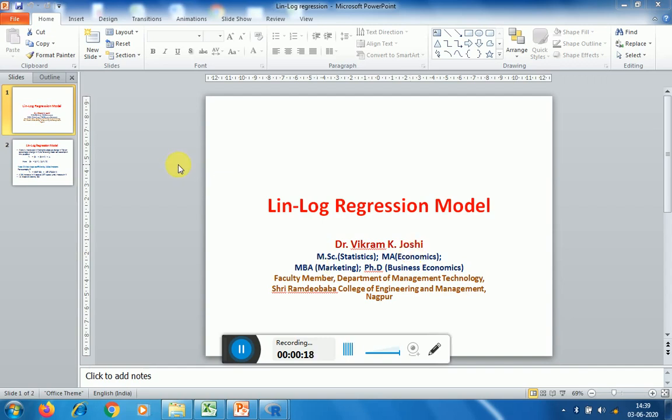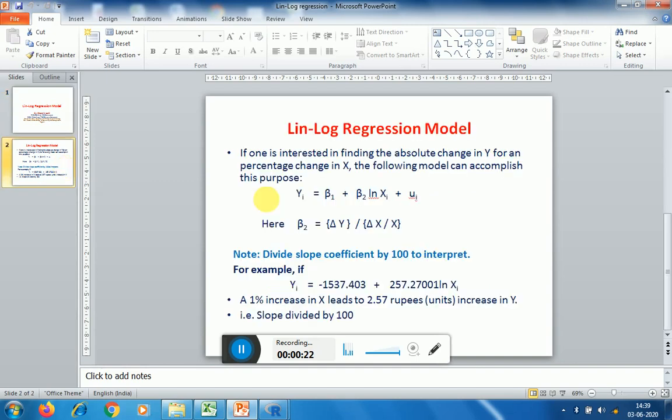In linear log regression model, again we can see that in this equation yi is in absolute terms, and here we are taking xi, the independent variable, in relative terms.